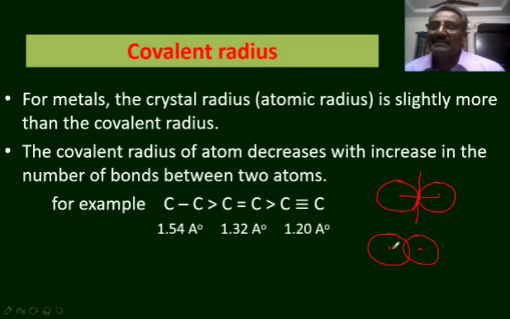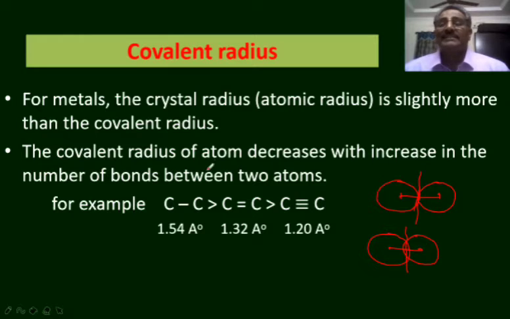So, the distance between the nuclei of two atoms which are bonded together by a covalent bond is a little less than the distance between two atoms which are adjacent to each other in the metallic crystal. Half of this is defined as the covalent radius. So, here the crystal radius is slightly greater than the covalent radius in the case of metals.